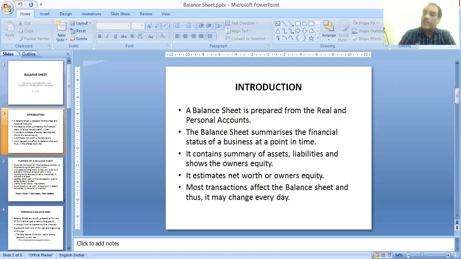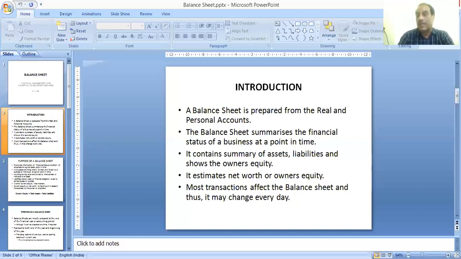Because every transaction affects the balance sheet. If a new transaction is made, then the balance sheet will change. So it is always prepared as on a date, at a point in time. So it is always meant as on 31st March 2020.